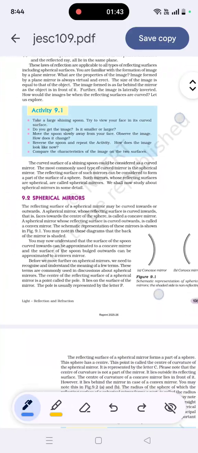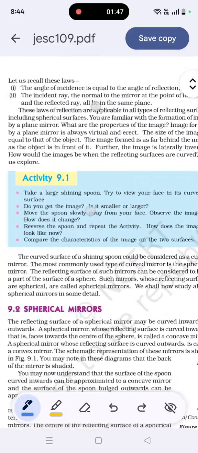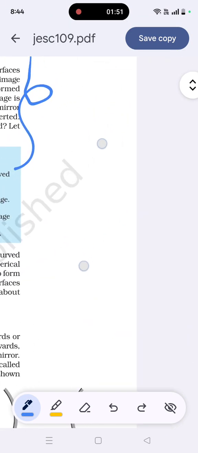Now let's go to plane mirror. In this particular part, they are talking about the properties of plane mirror. What is a plane mirror, how is it used?